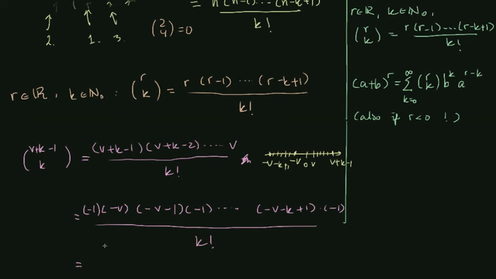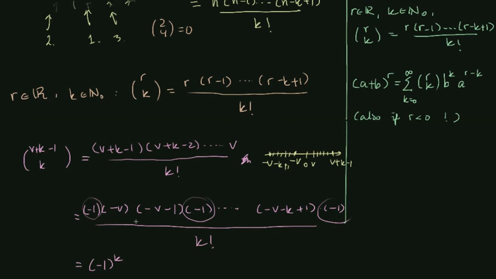Now, let's notice that this has the values minus 1 how many times? K times, right? Because there are k terms. So we have minus 1 to the k. And then we have minus v, and then minus v minus 1, and so on, down until minus v minus k plus 1.